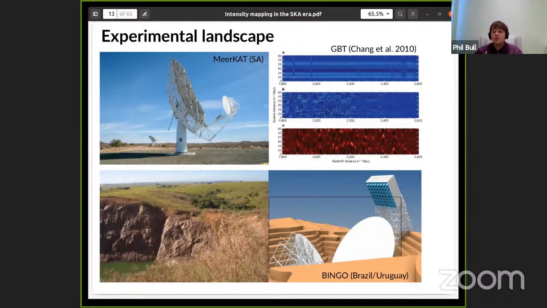These are the dishes that have been used in this autocorrelation or single dish mode. Some of them, like MeerKAT, you can connect together and use as an interferometer. That's how most people use them, in fact, but we're mostly interested in using them as single dishes, because the resolution and the sensitivity that they have is ideal for the kinds of angular scales that we care about.